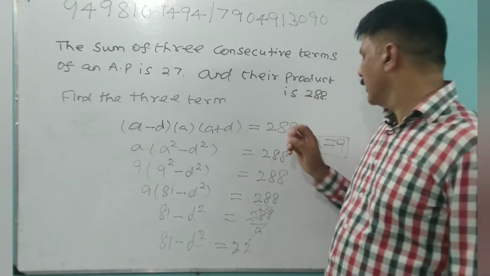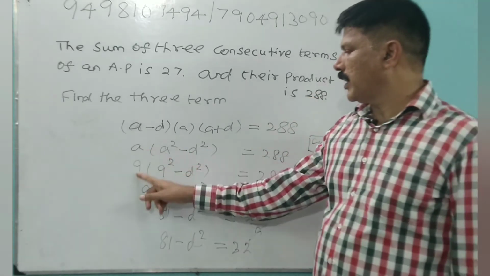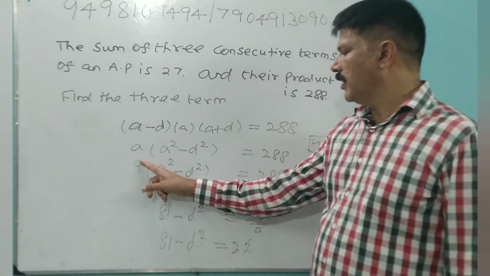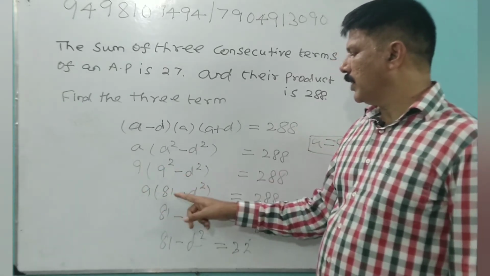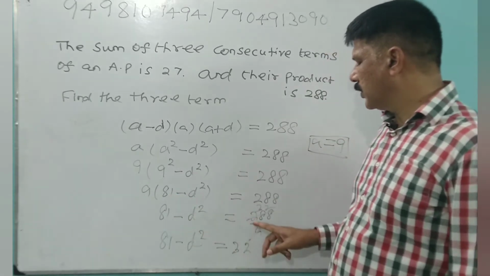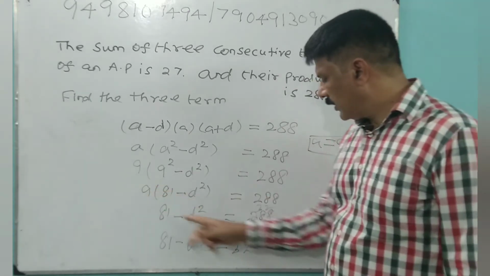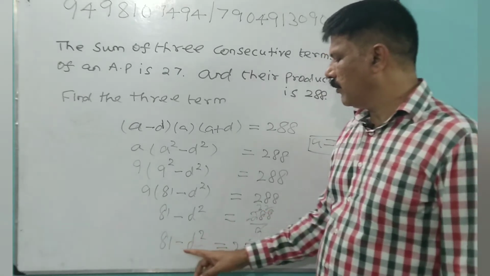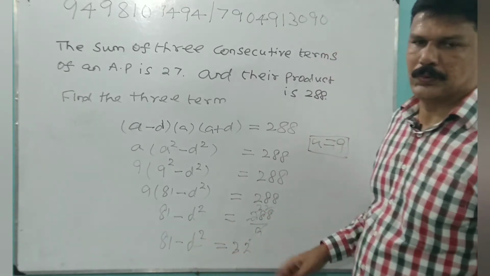So 9 square 81 minus d square equal to 288. We divide by 9. The answer is 32. So 81 minus d square equal to 32.